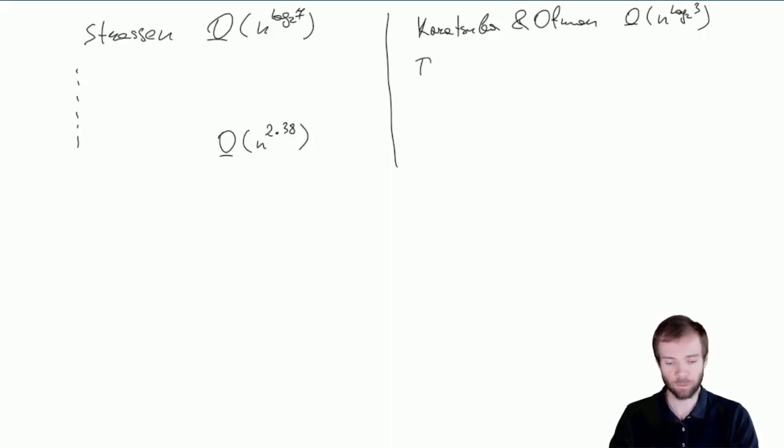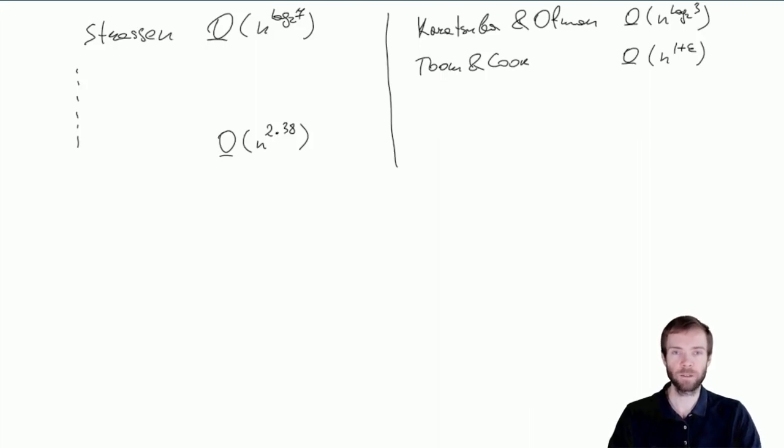Then we have studied Toom's algorithm, later simplified by Cook, that has complexity big O of n to the power of 1 plus epsilon, where epsilon is a constant, but it can be made arbitrarily small. So essentially, we have almost linear time complexity for multiplication of integers.